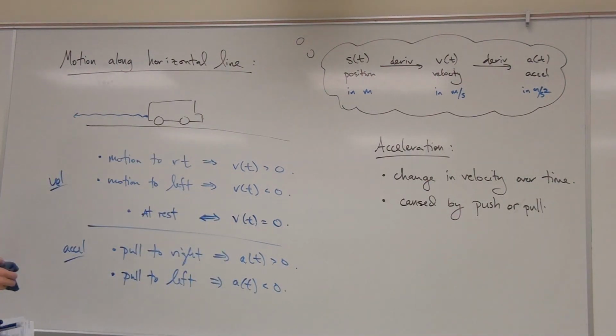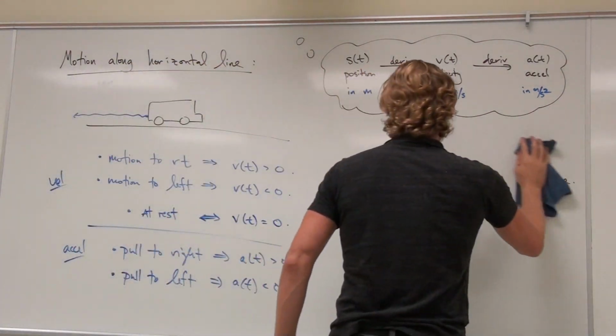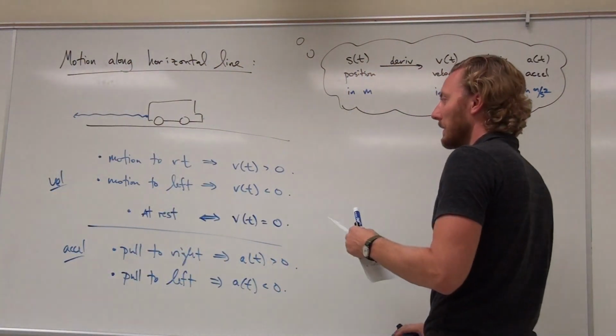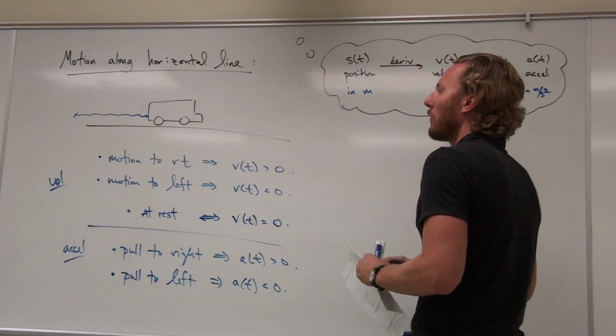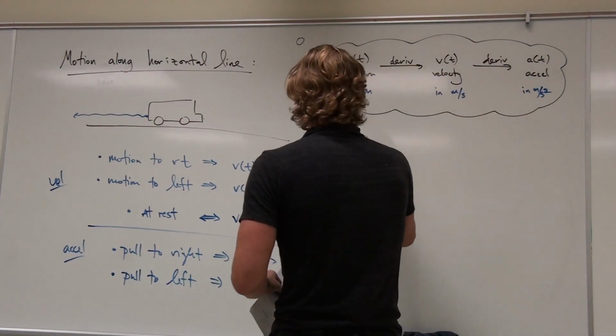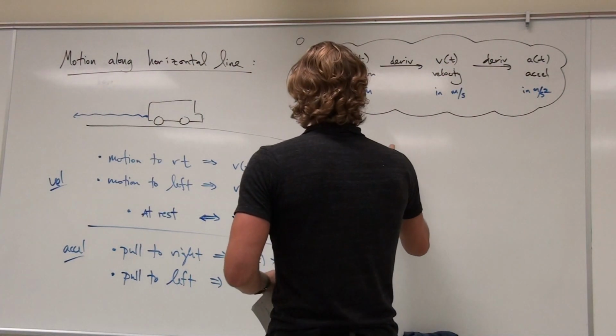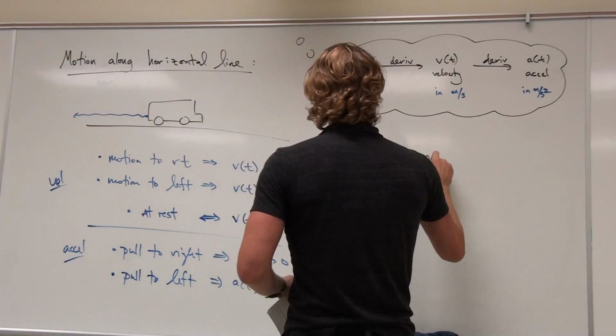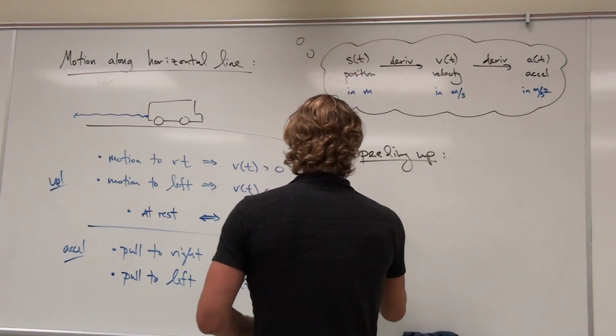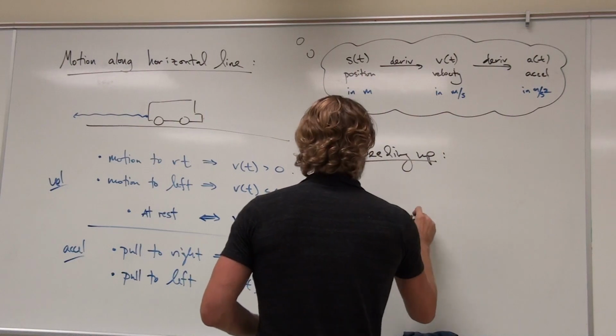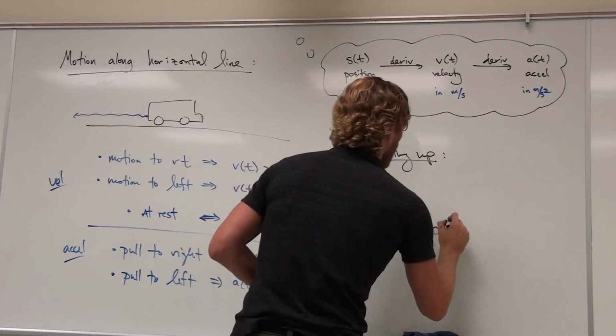And now here is maybe the most intricate idea related to this, which is the conditions under which the car is speeding up and the conditions under which the car is slowing down.